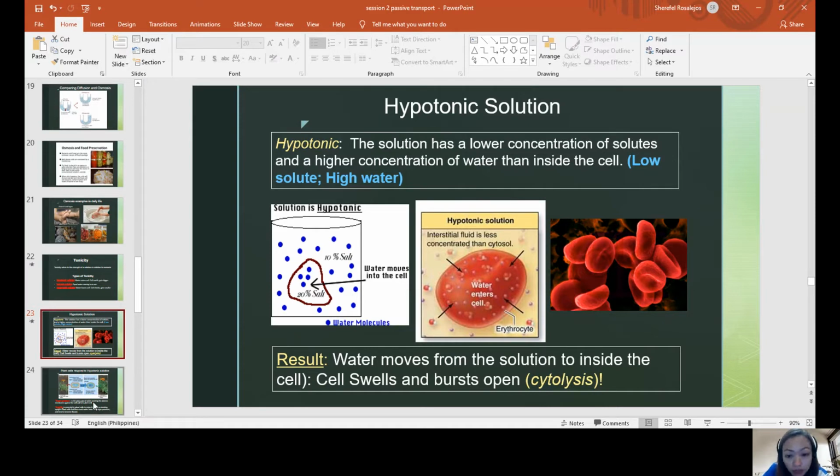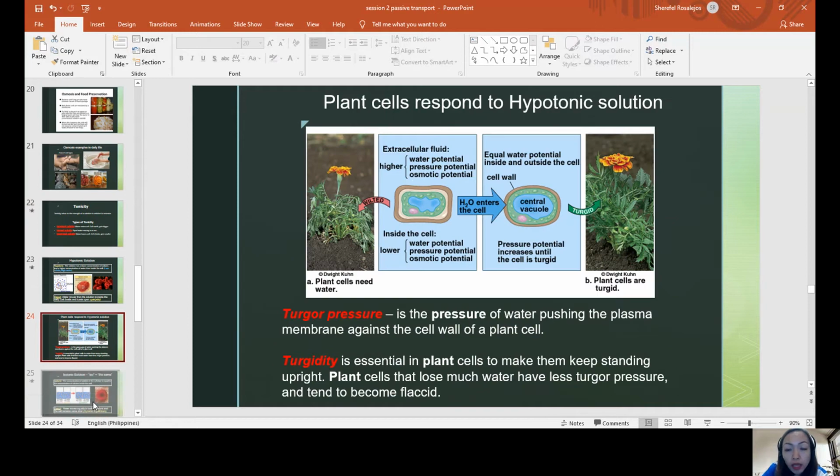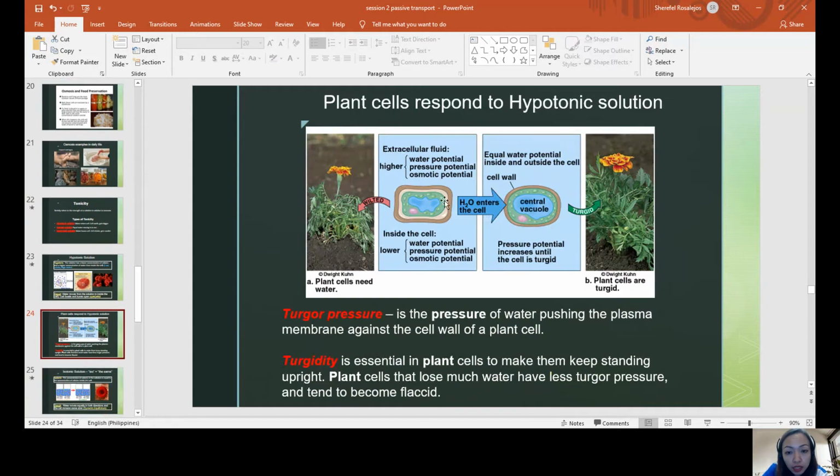And that is dangerous for the animal cell. How about for the plant cell? This is actually okay and good. Why? When the plant cell, you can see here, is with plenty of water in their central vacuole, if it's wilted, then you water it, tubigan mo kung naluya or nalaya.